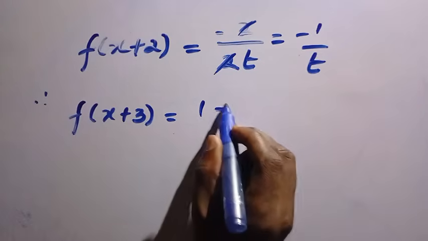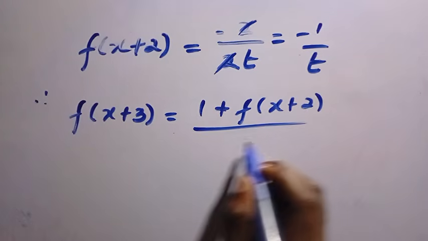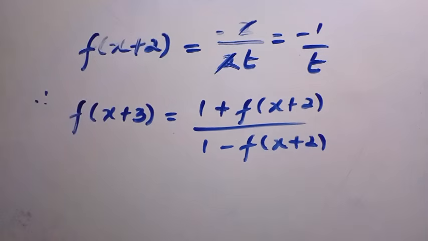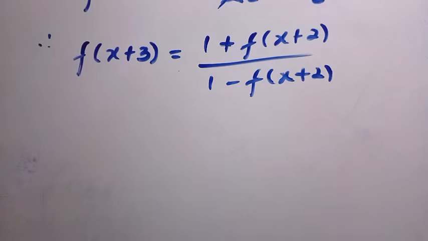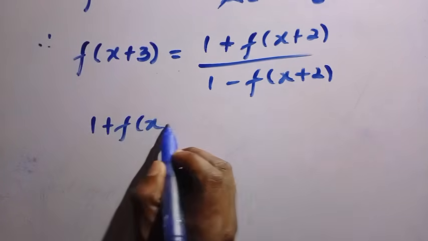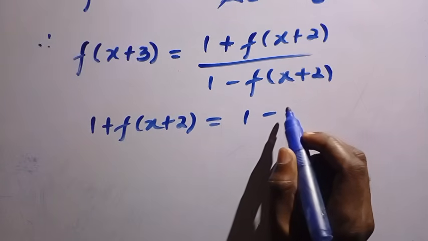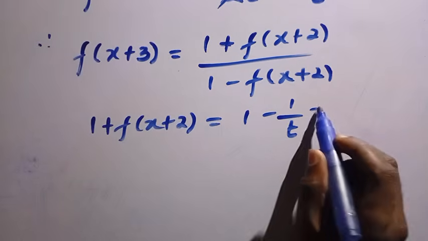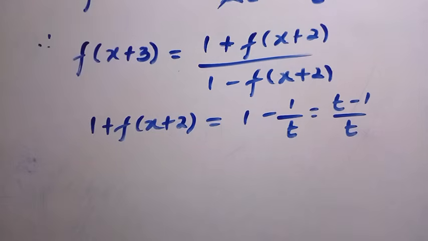So moving on to f(x+3). That is 1 + f(x+2) divided by 1 - f(x+2). Solving for 1 + f(x+2), we have 1 - 1/t, which gives us (t - 1)/t.